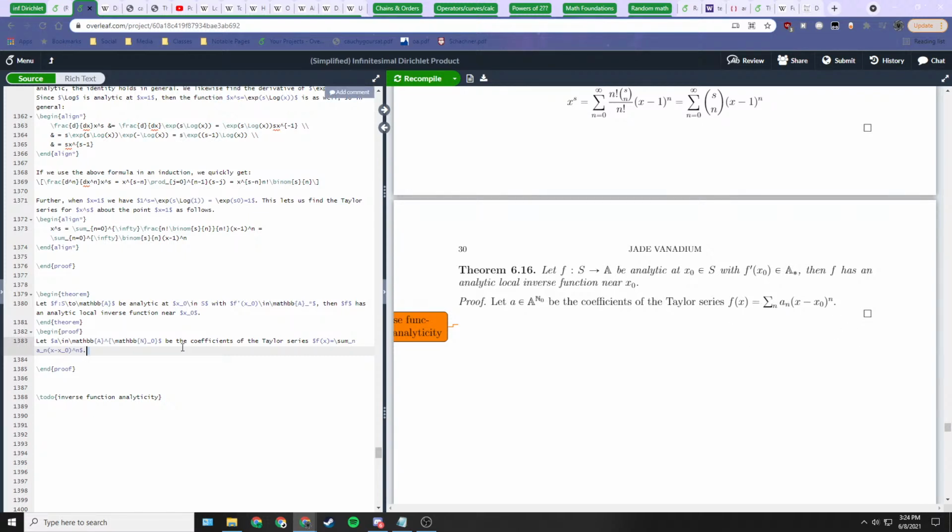and then we'll define the coefficients for the inverse. So let b0 be equal to x0, and actually let's do it this way. Let y0 equal a0, which is also f at x0, and we'll have b0 be x0 and b1 be 1 over a sub 1.